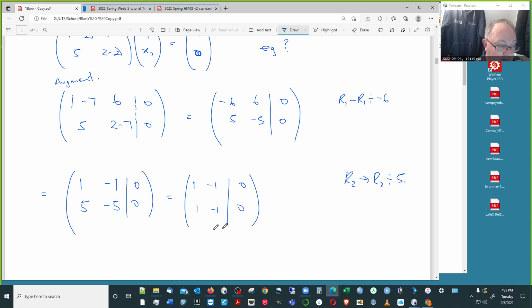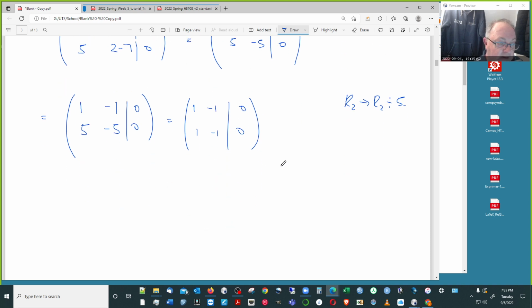And so we get to this final point. Now what we start to do is row operations that give us 0. So we're going to target this guy. And the way that we would do that is we would say row 2 is going to become row 2 minus row 1. So this is a very simple example. So we've got 1 minus 1, 0.